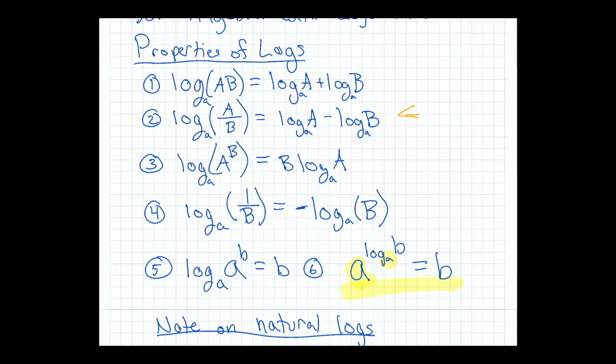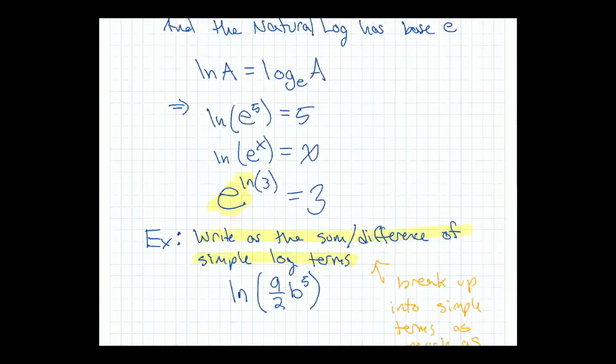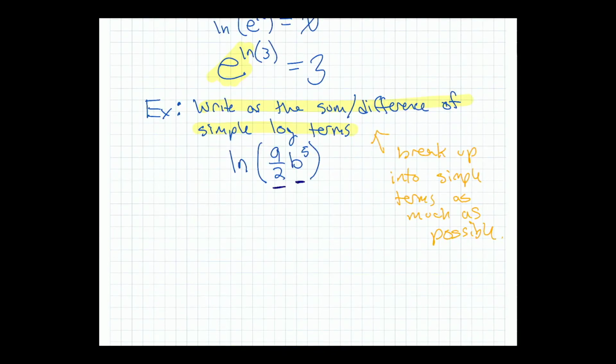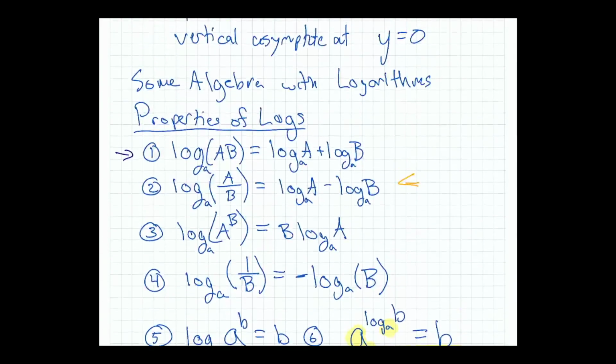So for example, I see that rule 1 here will let me split up a log when we're multiplying things in the log. So of course, this and this are being multiplied in the log. So we apply rule 1. And you're going to get natural log 9/2 plus natural log b to the 5th. Okay, so that was rule 1. But then on that first term, natural log 9/2, that's division. So rule 2 will let me handle division.